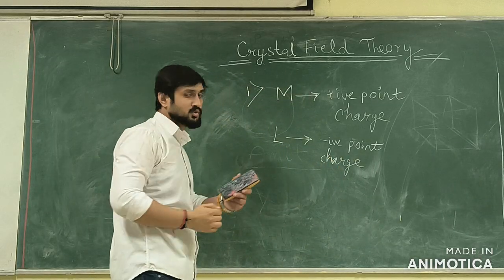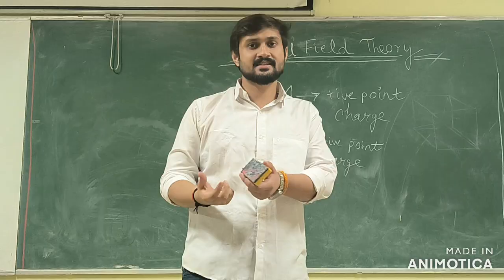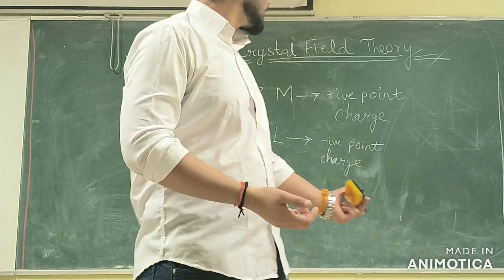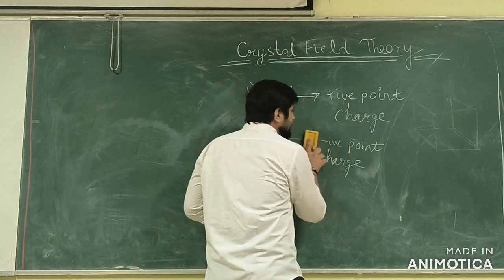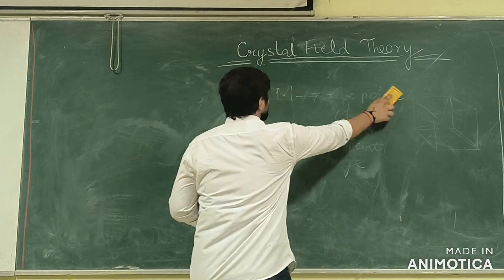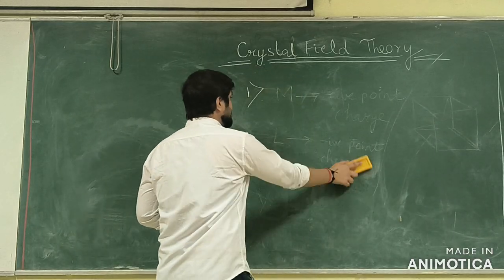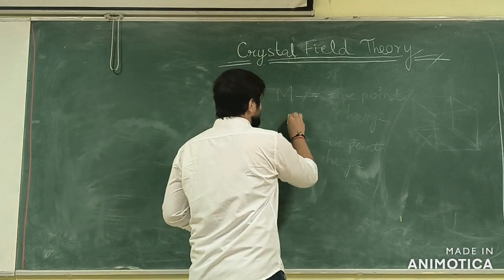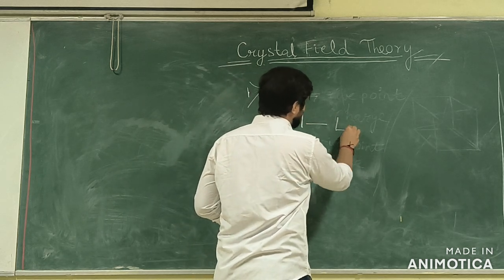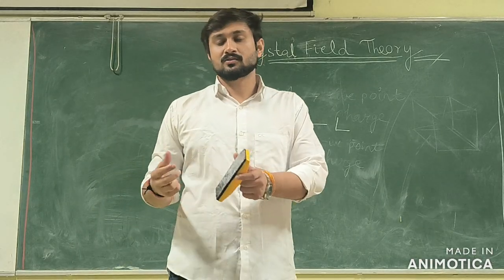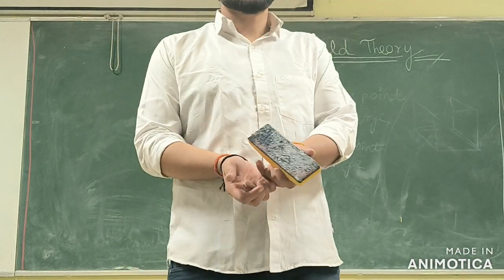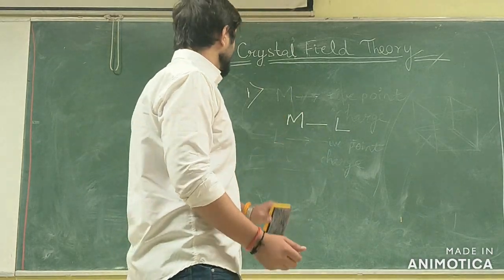Also, if the ligand is neutral, then it will act as a negative dipole. It also suggests that the force of attraction between the metal and the ligand is purely electrostatic. This metal-ligand interaction is electrostatic rather than a coordinate interaction, as was suggested by the valence bond theory.